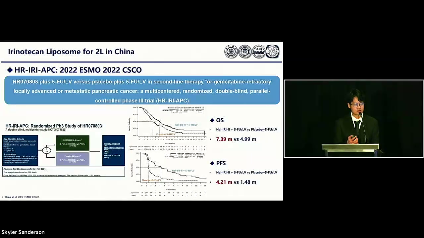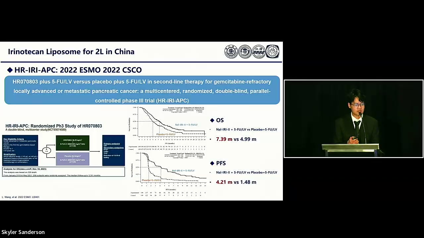And since the Napoli-1 study did not include Chinese patients, at the 2022 ESMO annual meeting, Professor Liu Wang reported the results of a Chinese phase 3 trial.